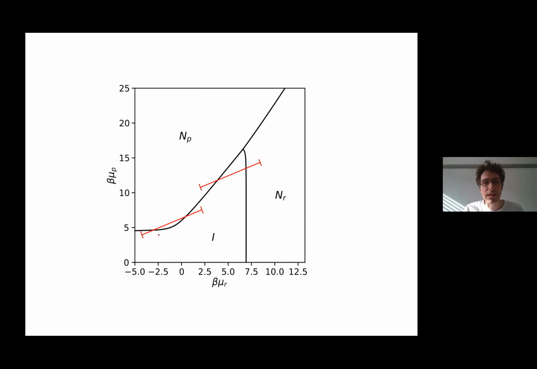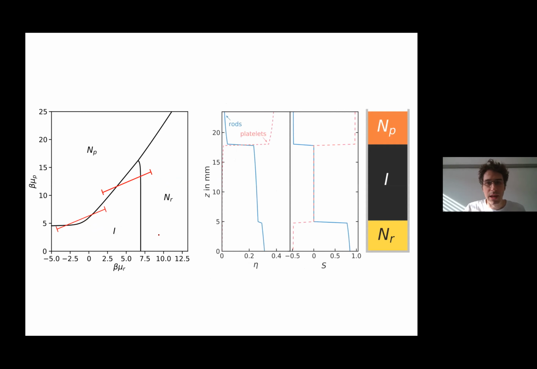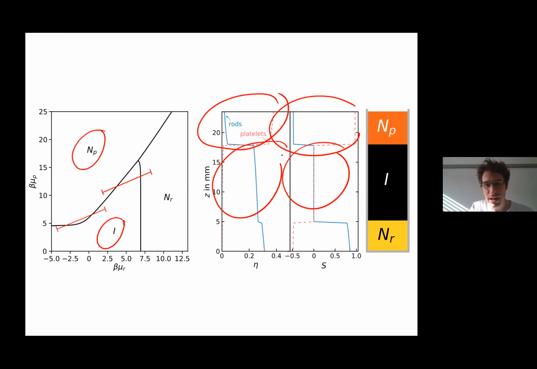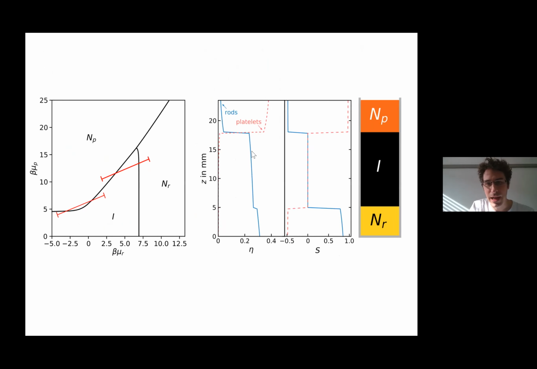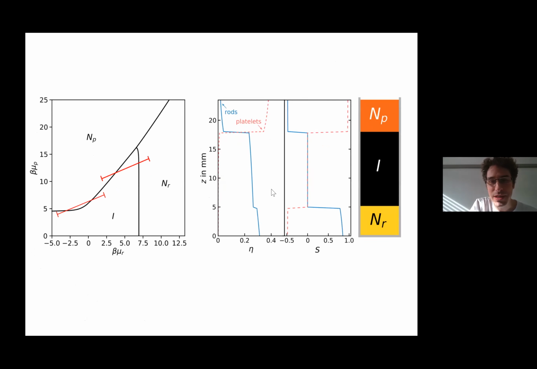If you look at the profiles, they look like this. On top we have a nematic rich in platelets. Then there is an isotropic state in the middle, and then near the bottom of the sample we have a nematic which is rich in rods.